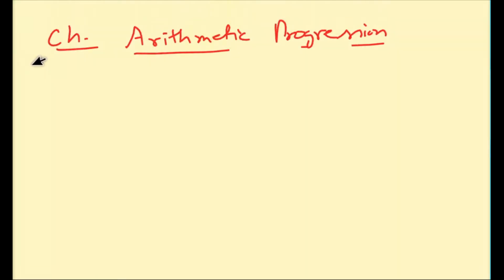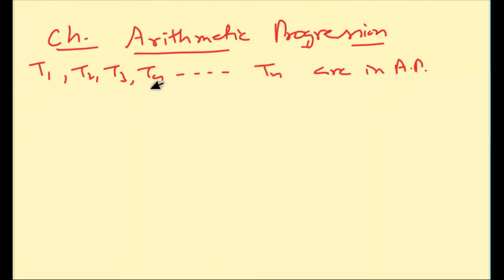Now, student, let T1, T2, T3, T4 and so on, up to the term Tn, be in AP. AP means arithmetic progression. Then what is the relation between the next term and the previous term?